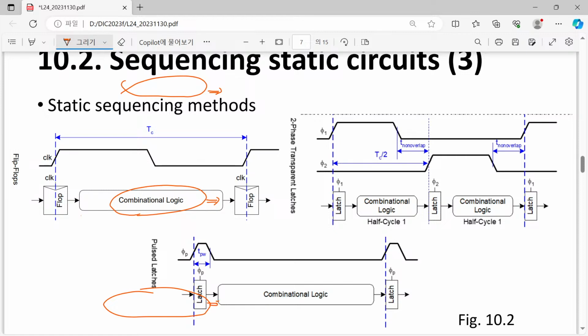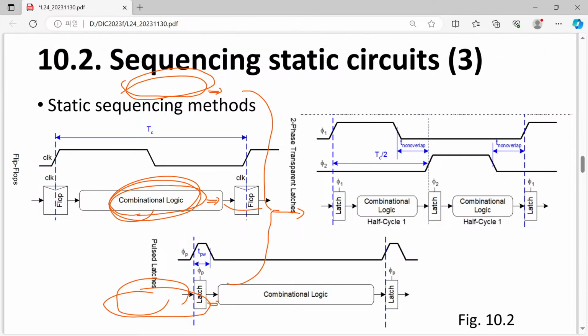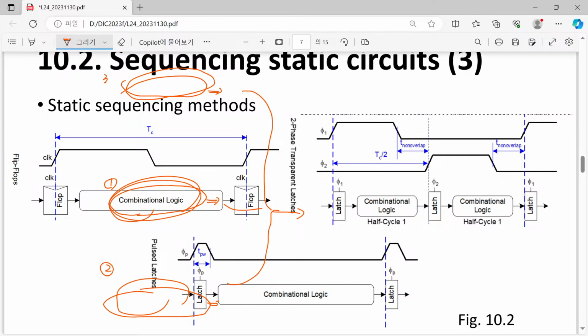Say that this one is particularly fast and this one is slow, and eventually we want to make an overall summation of these three components, 1, 2, 3.